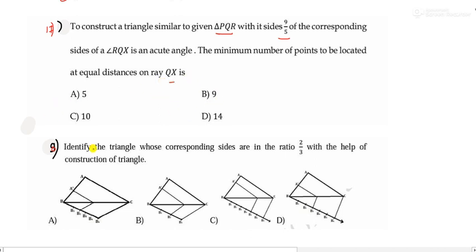Take this as a homework question and try to answer this in the comment section. Don't forget to answer it in the comment section. Similarly, this is also a 2 by 3 question on a triangle. Both of them are based on the triangle. Try to answer it by yourself.